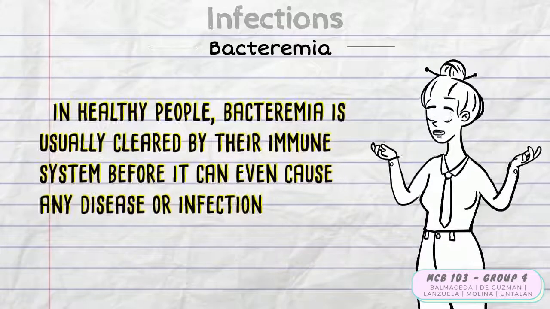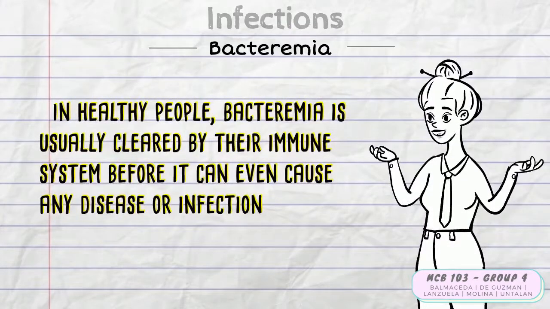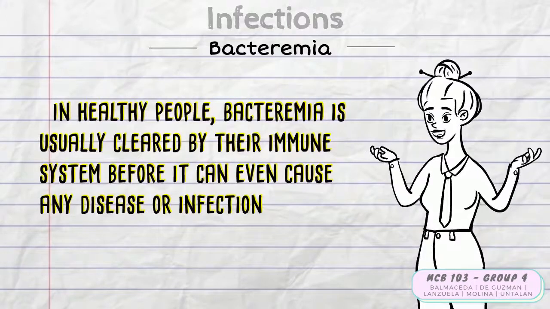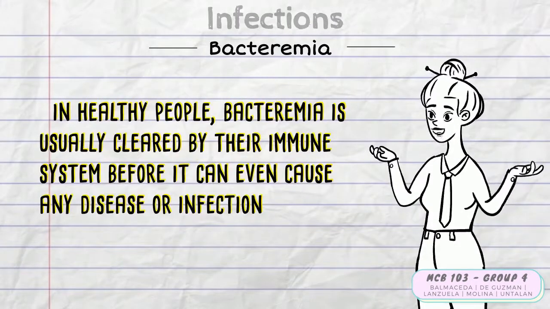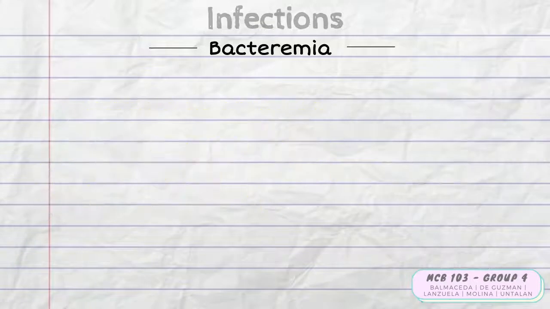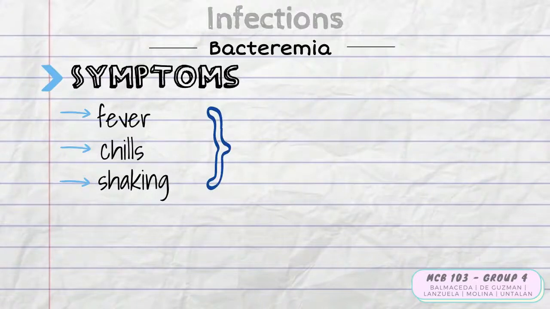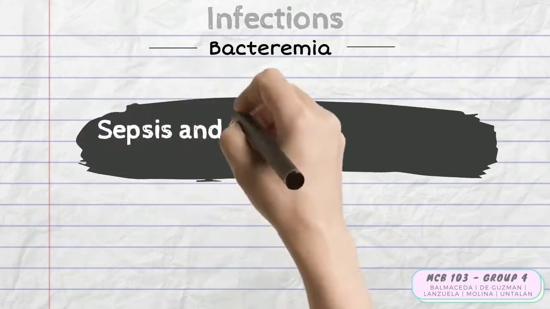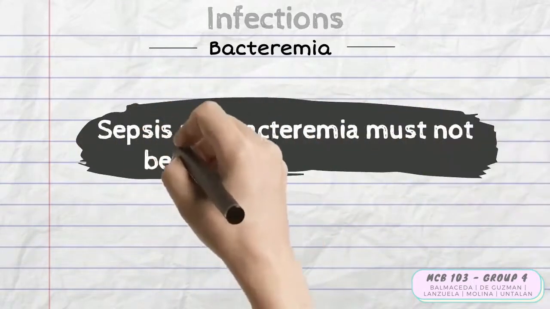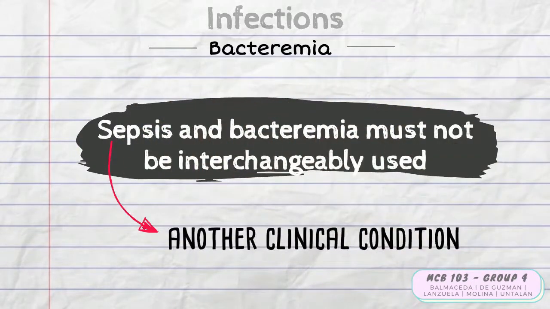This is because in healthy people, bacteremia is usually cleared by their immune system before it can even cause any disease or infection. When there is development of symptoms like fever, chills, and shaking, it is a typical indication of a more serious condition like sepsis. Sepsis and bacteremia must not be used interchangeably because sepsis is another clinical condition.